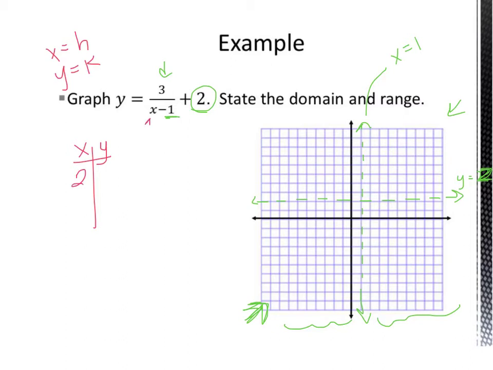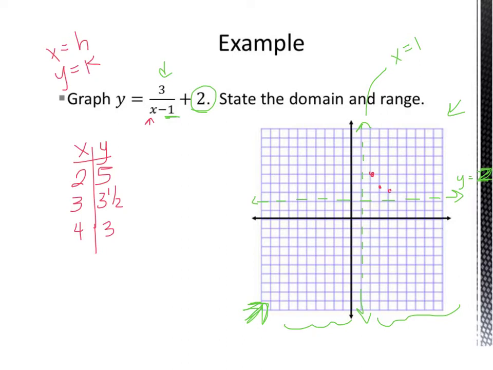So I put in 2 for x: 2 minus 1 is 1, 3 divided by 1 is 3, plus 2 is 5. So I get a point at 2, 5. Then I would do 3, and at 3, I'm at 3.5. And probably do 4, and at 4, I'm at 3.